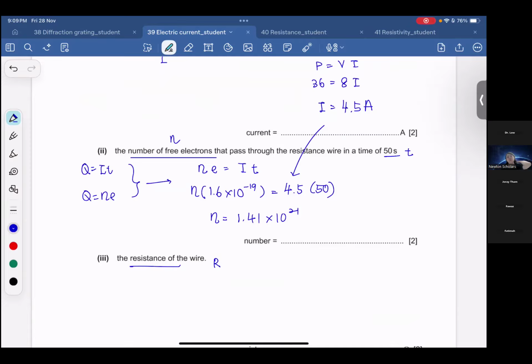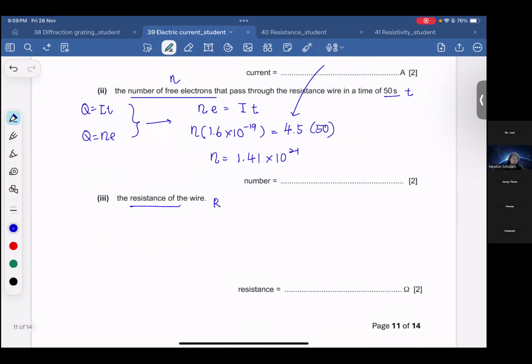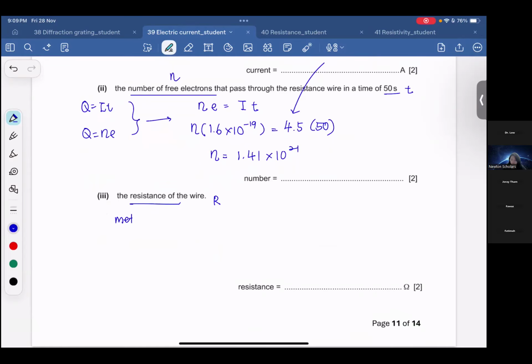What formula did you use? Correct. For this question, there are two ways to do the calculation. Method 1, you can use V equals IR.